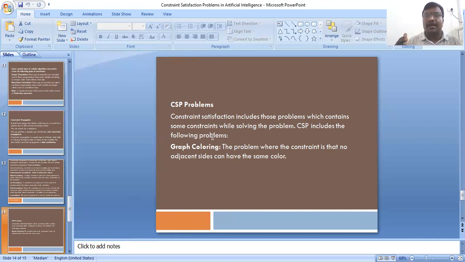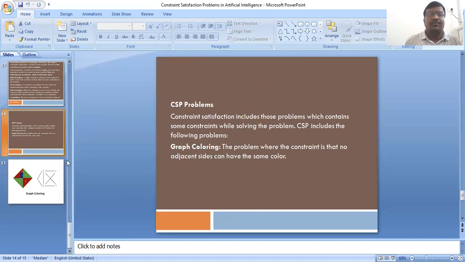That means the problem where the constraint is that no adjacent sides can have the same color. That is graph coloring.